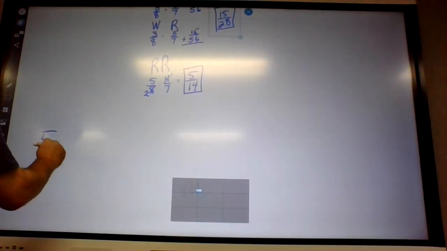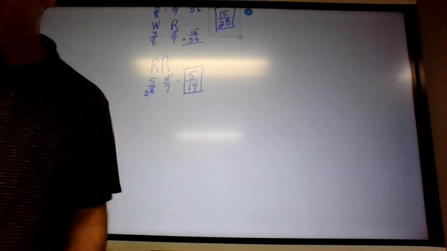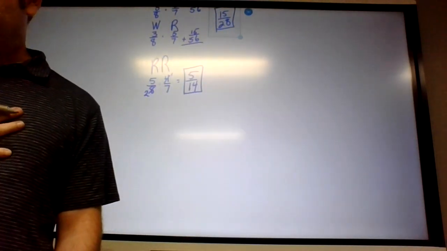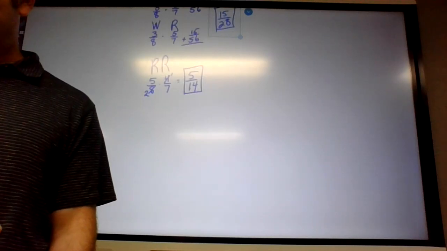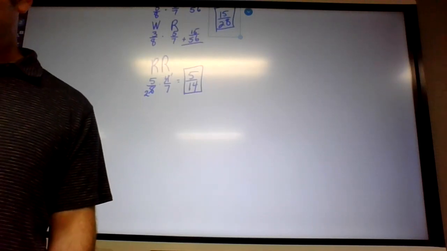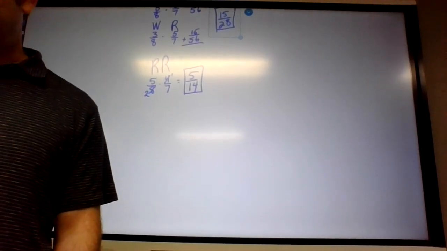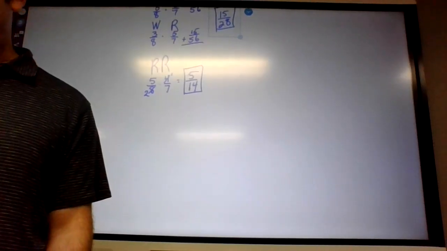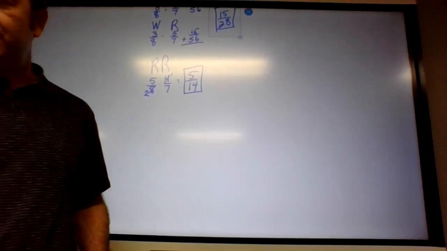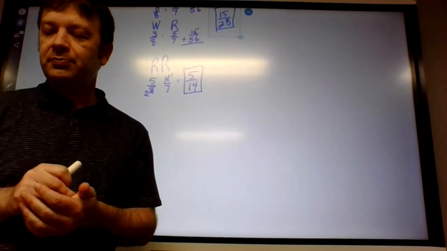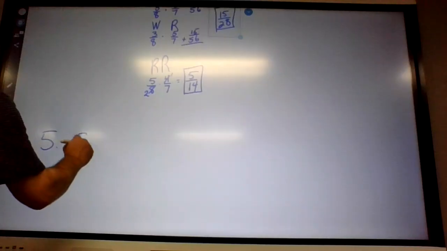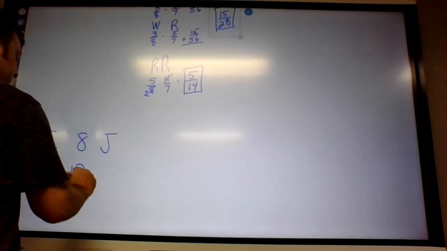Number 5, we're almost done. Free concert tickets, A, B, C, D, and E. Free concert tickets are distributed to 4 students chosen at random from 8 juniors and 12 seniors in the school. So 8 juniors, 12 seniors.